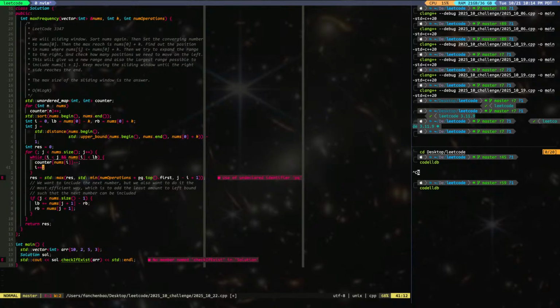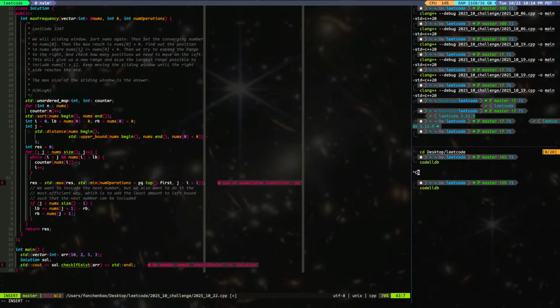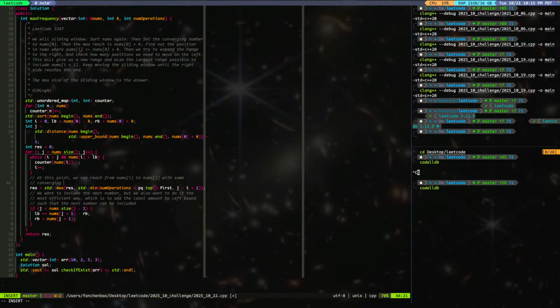So after this, from i to j, right? At this point, we can reach from nums[i] to nums[j] with some convergent number.